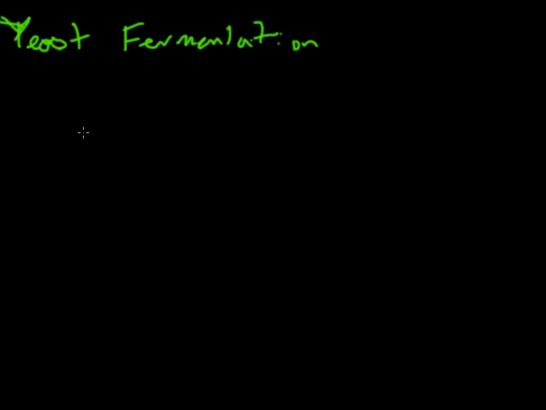So yeast fermentation begins with sugar, which has the formula C6H12O6, and that ends up forming, let's see, we get fuzzy here because we don't actually say what happens. We just say, oh, fermentation goes on.